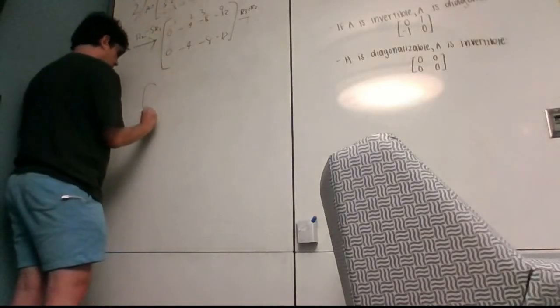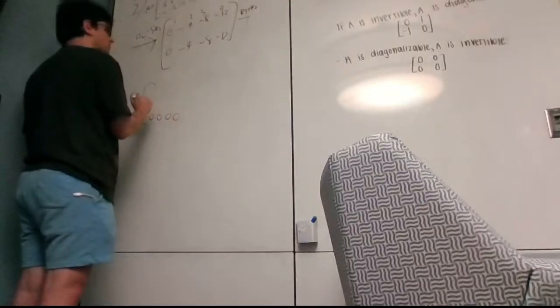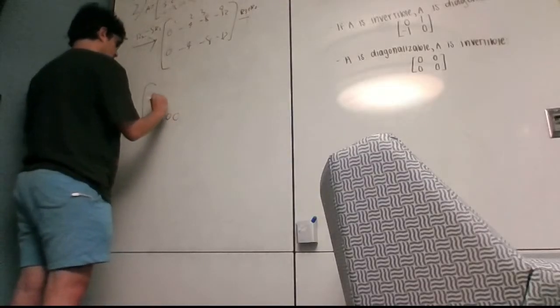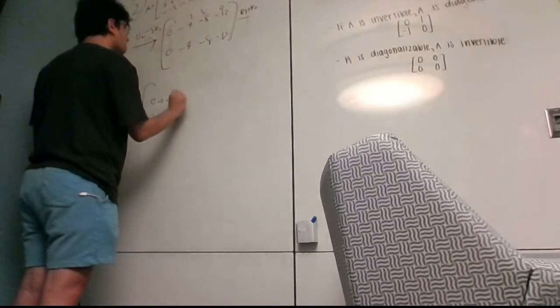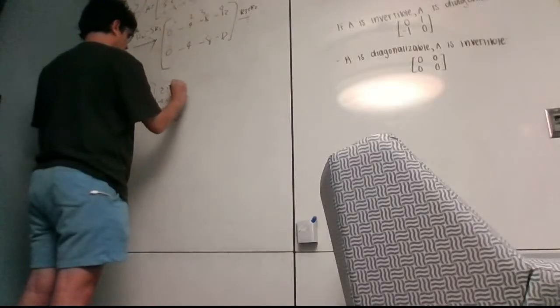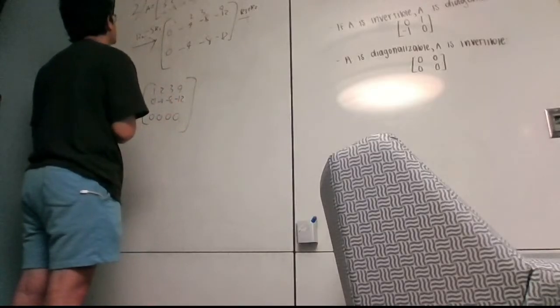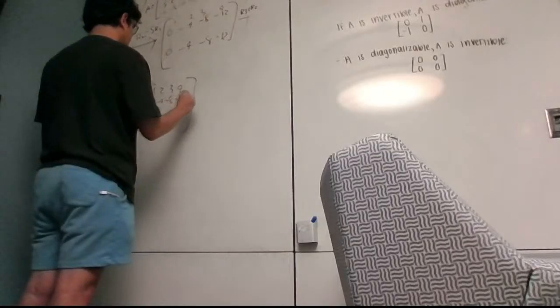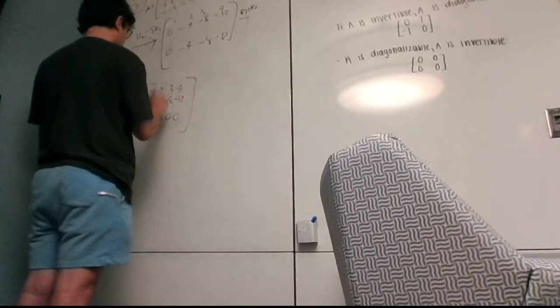So this 0, 0, 0, 0. Don't even bother thinking about it. You're correct. Actually, these calculations shouldn't be hard. And now that we have that, we want to make this entry here 0.